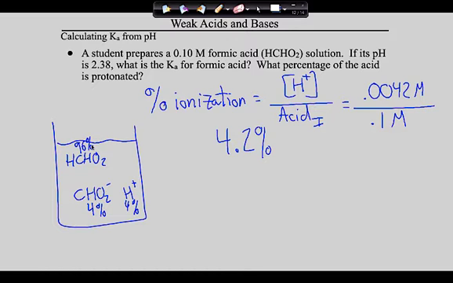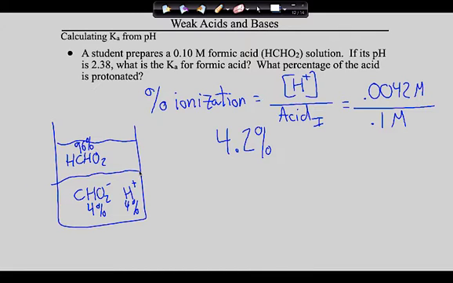So 4% of it's broken apart. At any given moment, 4% is broken apart, 96% is still stuck together. Go ahead. If we say this is the negative 4, we say it's the negative 3, only about 40% of the strongest weak acids are protonated.